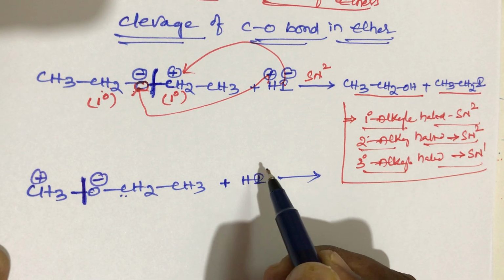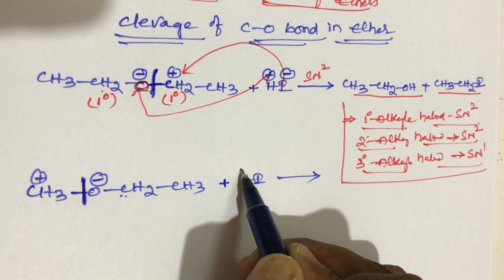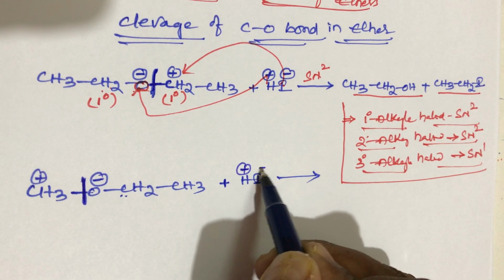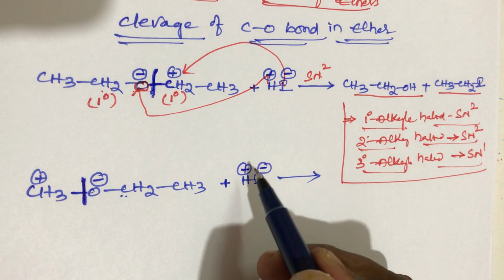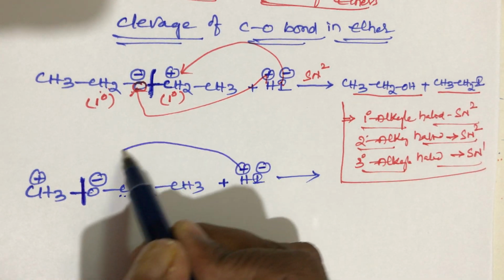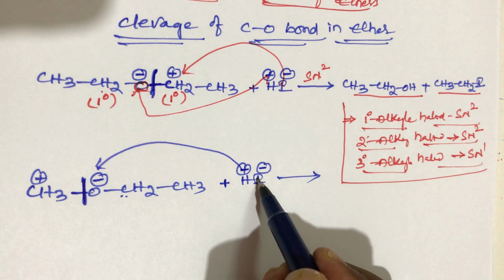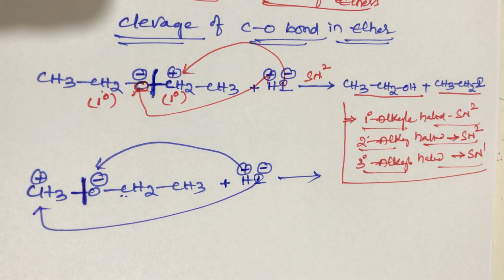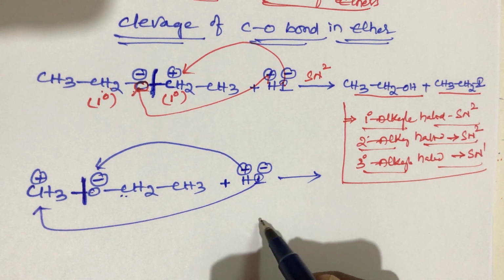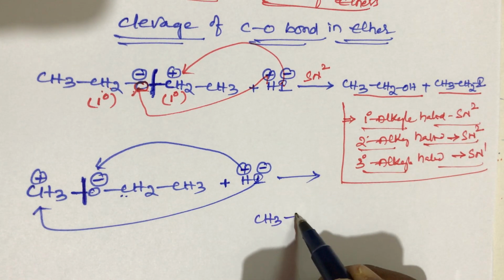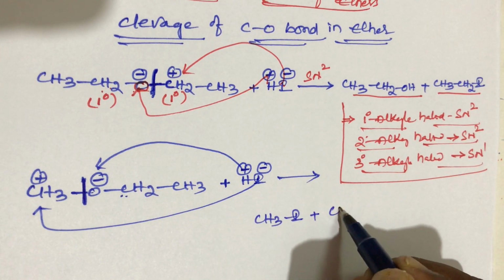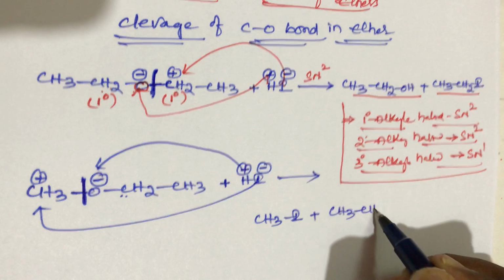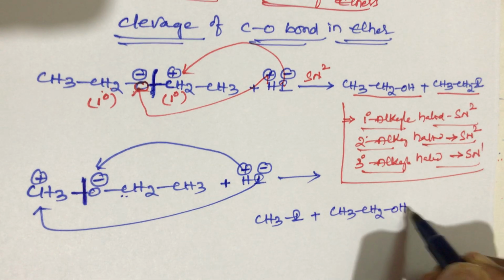In HI, hydrogen has a positive charge and I minus a negative charge. H plus attacks the negative side and I minus attacks the positive side. We get methyl iodide plus ethyl alcohol. These are the final products.